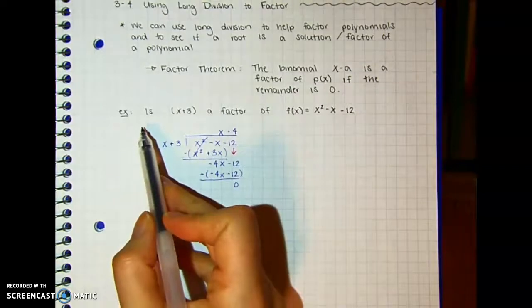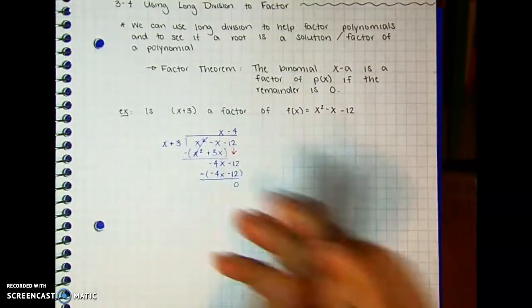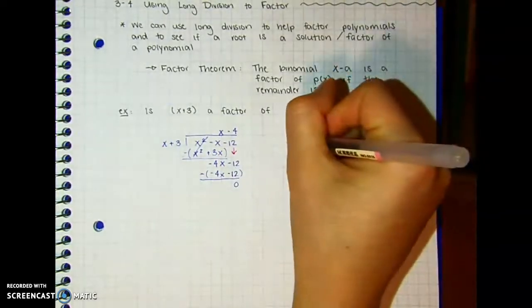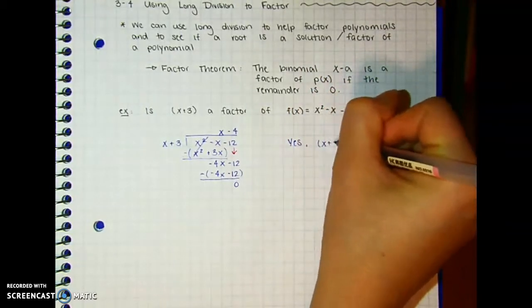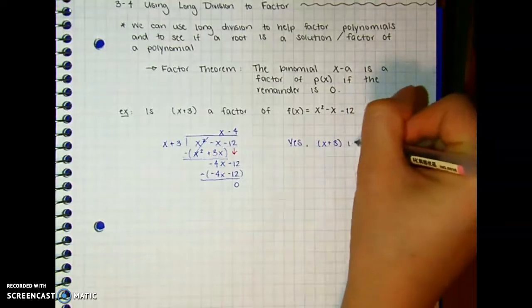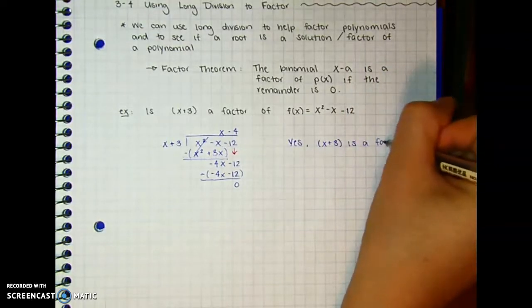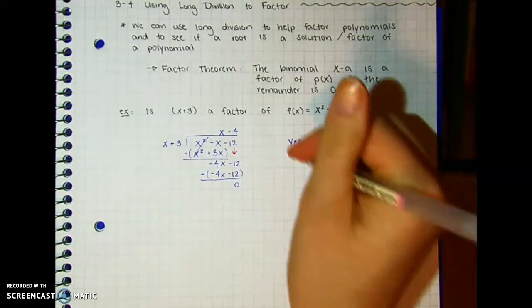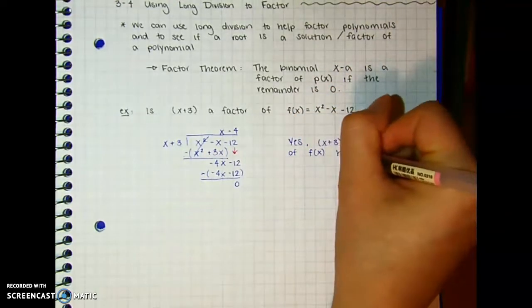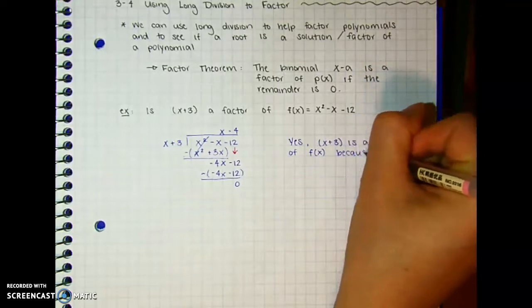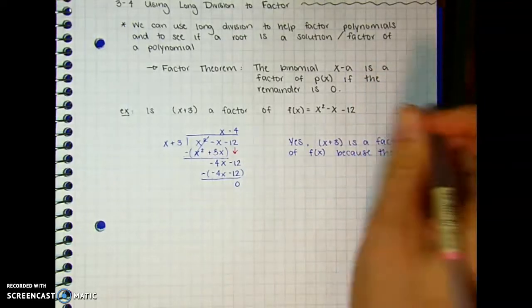So because this question is saying, is x plus 3 a factor? We can say, yes, x plus 3 is a factor of f of x because, make sure you understand why, the remainder is 0.